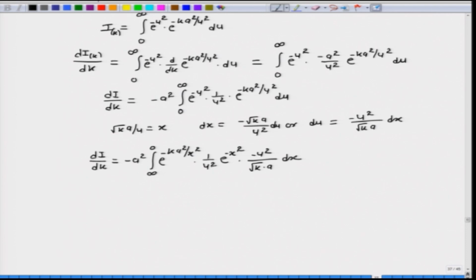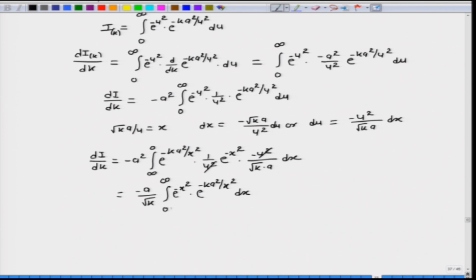And if we substitute for du, that will be minus u square by root k a dx. So, this u square here will get cancelled, two negative signs will become positive, but then this integral is from infinity to 0. If we make it 0 to infinity, there will be a negative sign again, and so we get minus a by root k integral 0 to infinity e to power minus x square times e to power minus k a square over x square dx.